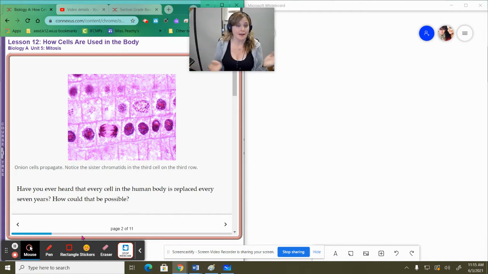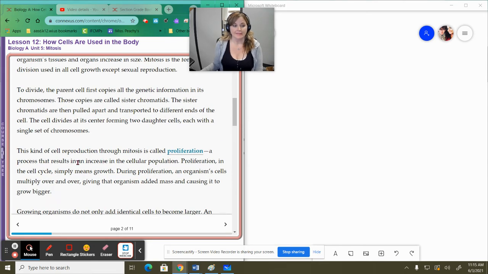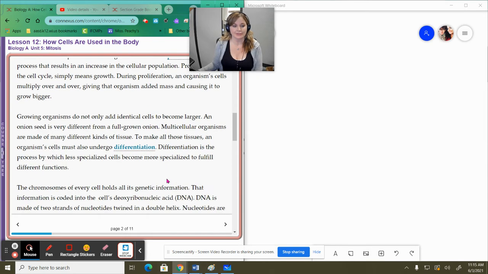You're just making a copy of one type of cell. And the kind of cell reproduction that mitosis goes through, we call this proliferation, when cells make copies of themselves, or actually when anything is making more of itself, we say it's proliferating. So it results in an increase in a cellular population.